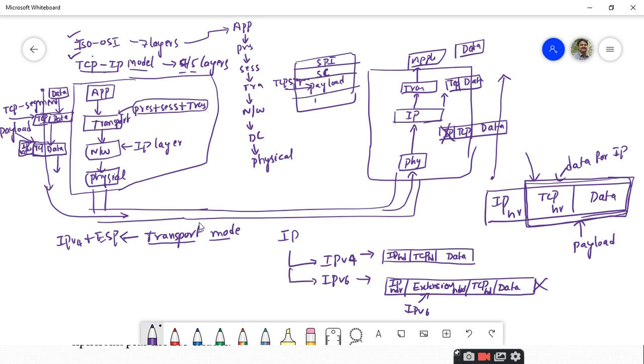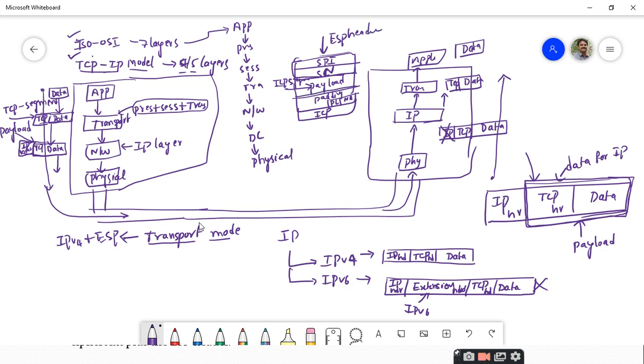After the payload we have padding, after padding we have the pad length, after the pad length we have the next header field, and finally we have the ICV. ICV stands for integrity check value. This payload is the entire TCP segment, and the SPI and the sequence number are called the ESP header.